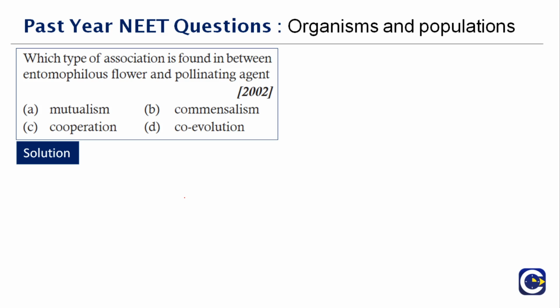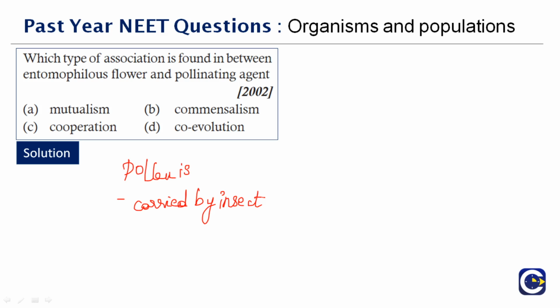So this is pollination of the flower in which the pollen is carried by the insect. Because you should know what is entomophilous. There are structural differences between flowers to ensure that cross-pollination occurs.